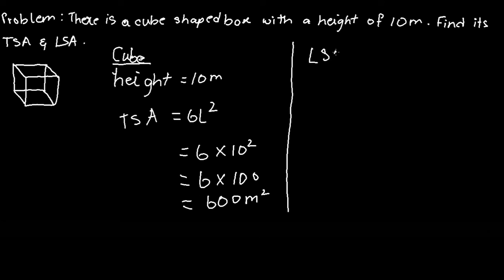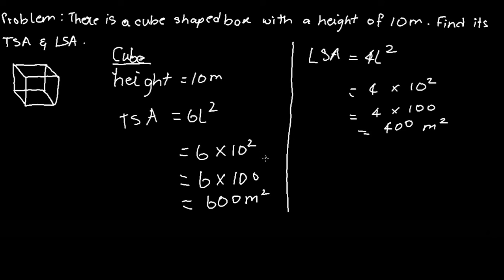If we remember the formula, it's 4L squared. So 4 times 10 squared equals 4 times 100 equals 400 meters squared. Now that was a very simple problem where we have found the TSA and LSA of this cube.